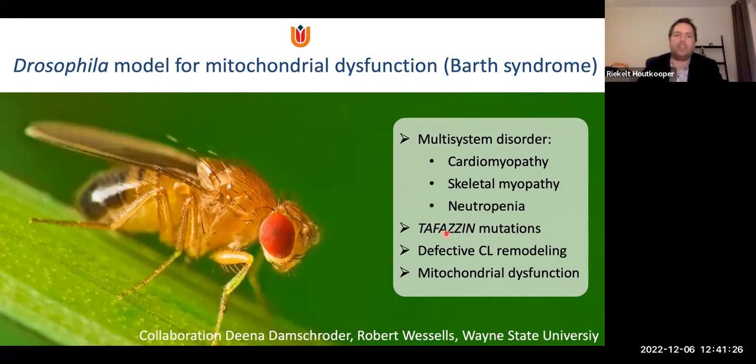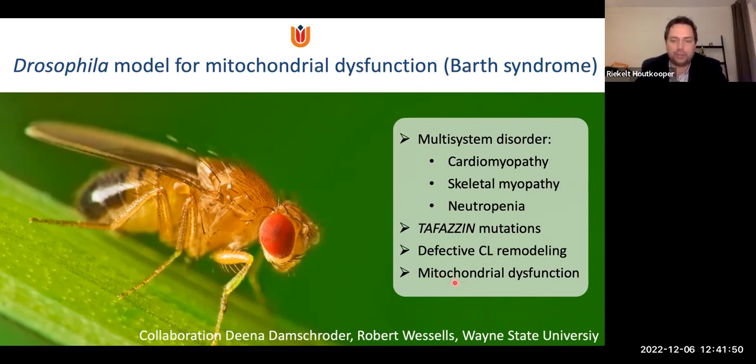I can tell you a whole background why it's called tafazzin, but I'll skip that for now. Actually, our lab was involved in the initial discovery that cardiolipin, a lipid of the mitochondrial membrane, is the one that is defective in cells of individuals with Barth syndrome.